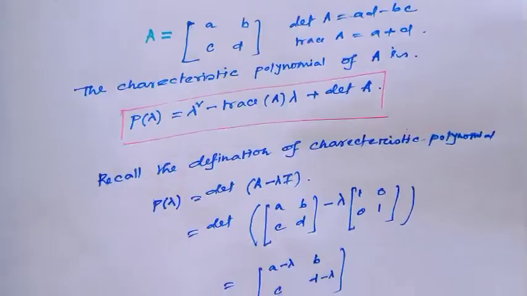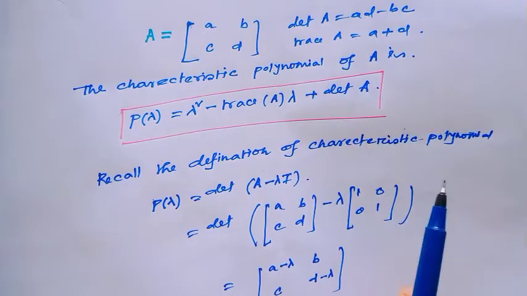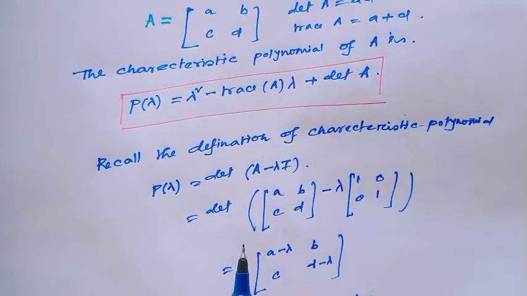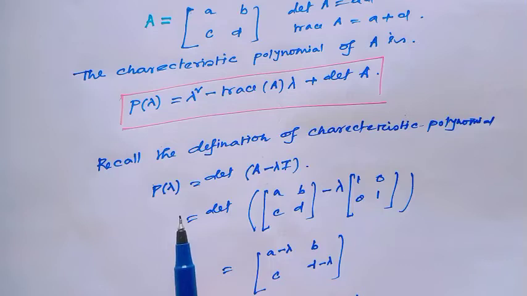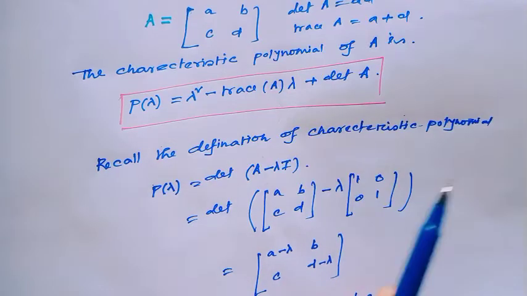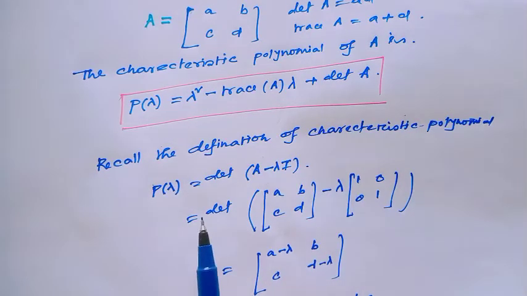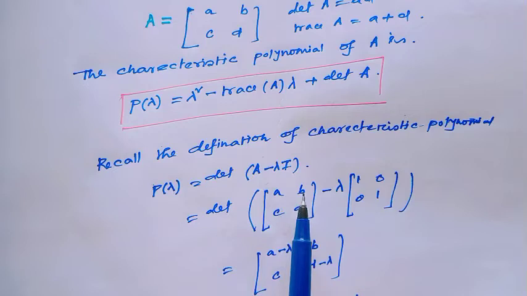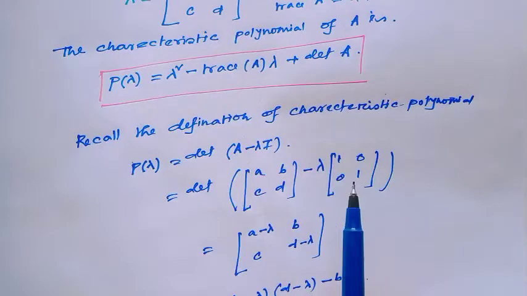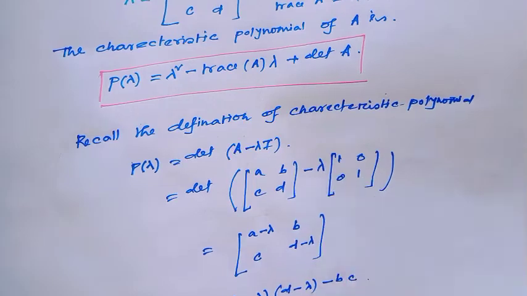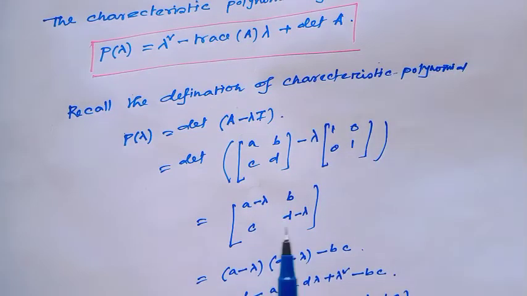Recall the definition of characteristic polynomial. We all know the definition of characteristic polynomial as P lambda equal to det of A minus lambda I, which is actually det of ABCD minus lambda times identity, meaning 1001, which is equal to A minus lambda B C D minus lambda.